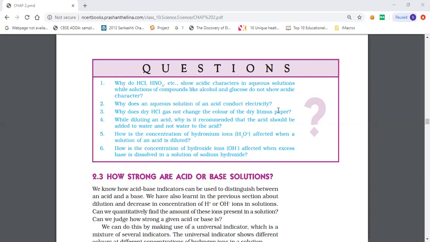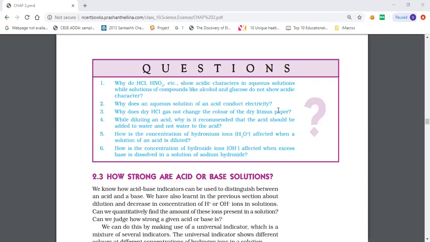Then next, Kushi, can you tell the next answer? Why does dry HCl not change the color of dry litmus paper? Ma'am, I'm not sure. Yesterday we have discussed this part. Pranika?